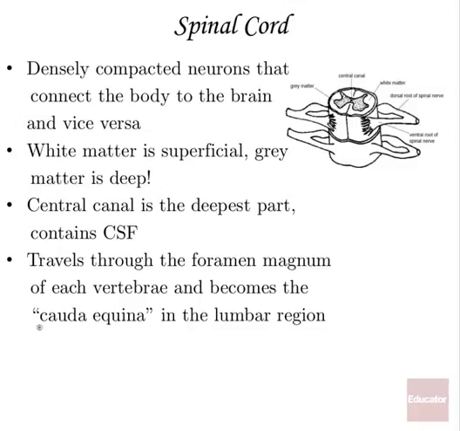And because of that, they call it the cauda equina, which in Latin means horsetail. So the spinal cord itself kind of branches out significantly to the point where it doesn't look like a compacted cord anymore when you get past the mid-back.